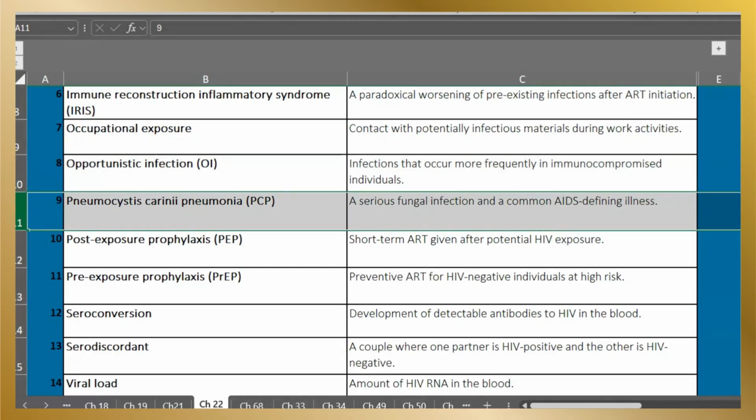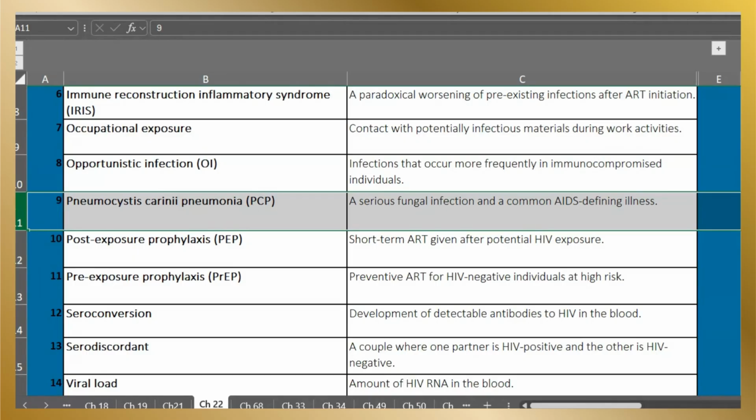Okay, PCP. Shall I try to say it? Oh my goodness. Pneumocystis jirovecii pneumonia, a serious fungal infection and a common AIDS-defining illness. It presents with fever, cough, and dyspnea.